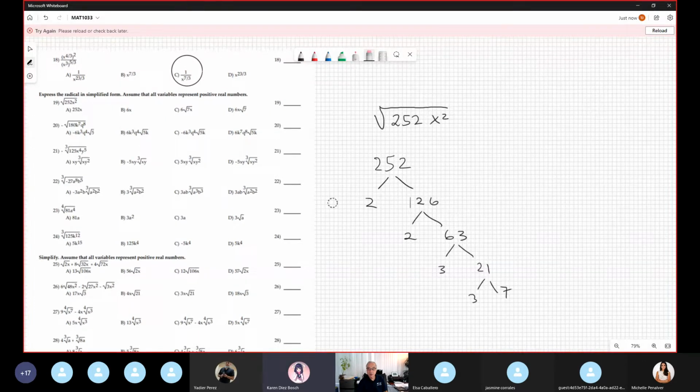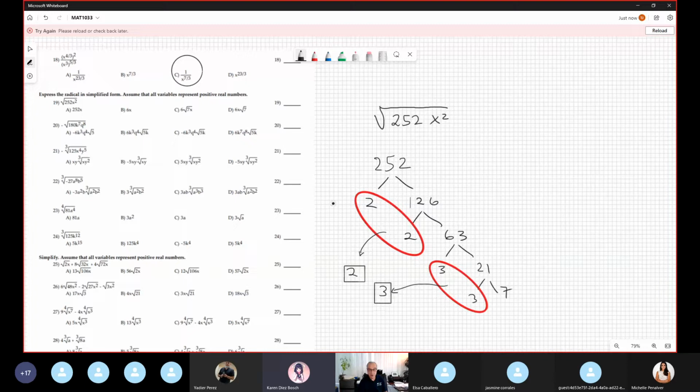Now, important. When you're working with the square root, you analyze the factors by couples. Look at the couples. We have one couple of 2 and one couple of 3. And this couple of factors go outside like only 1, 2. I say in a funny way, they get married and go outside the house.